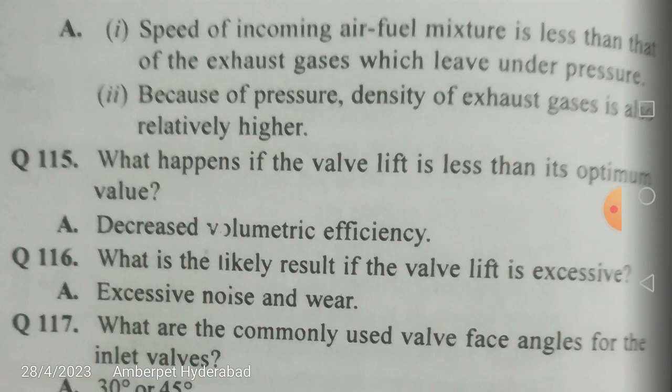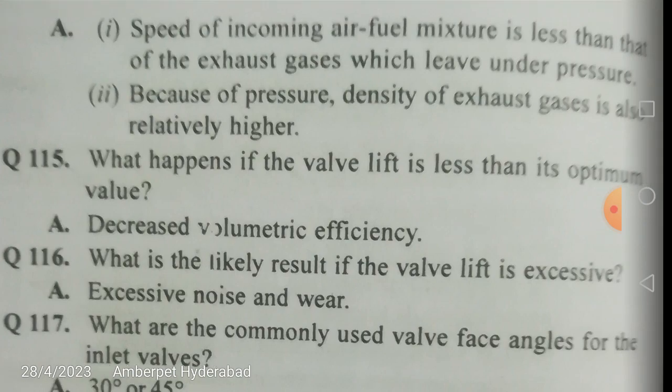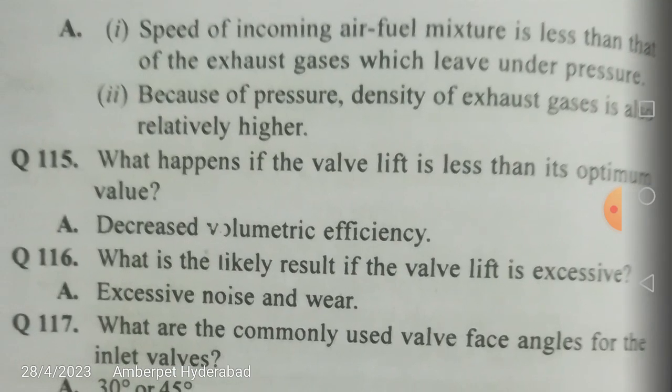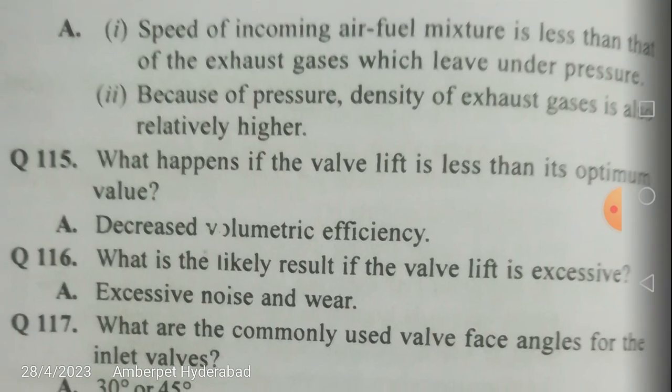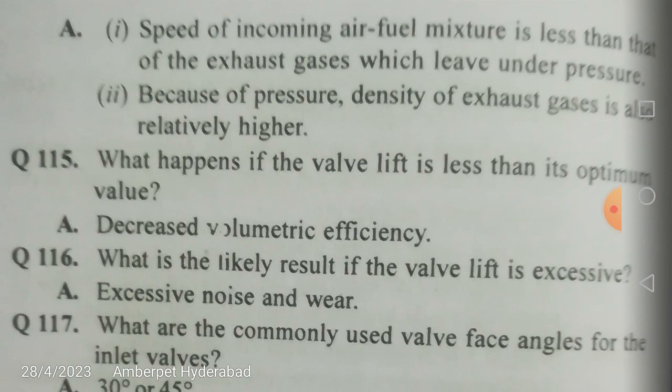Second, because of pressure, the density of the exhaust gas is also relatively higher. What is density? Mass by volume. Because of the high pressure, the density of the exhaust gases is relatively higher. This is another reason for using a bigger size of inlet valves compared to exhaust valves.